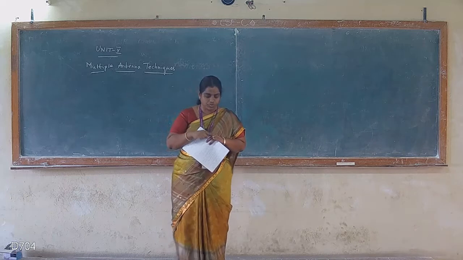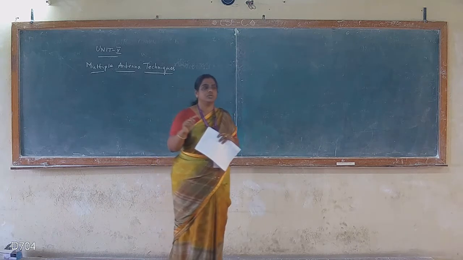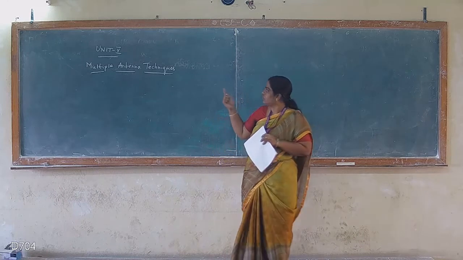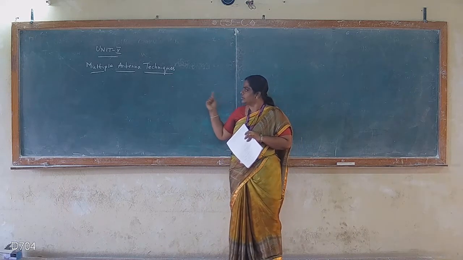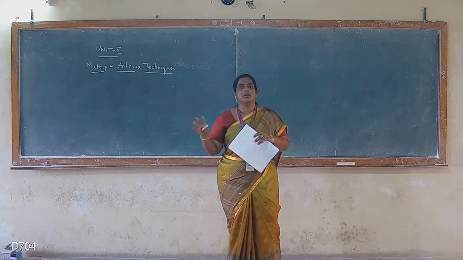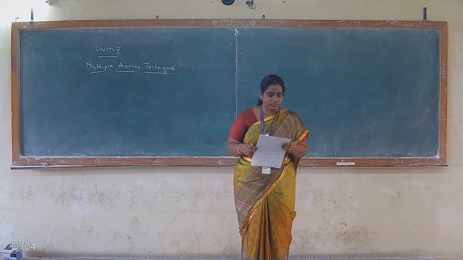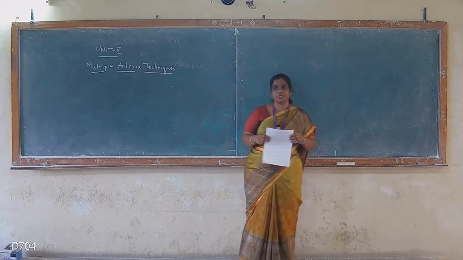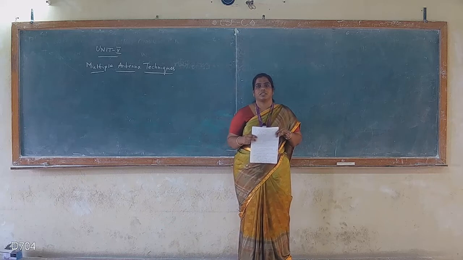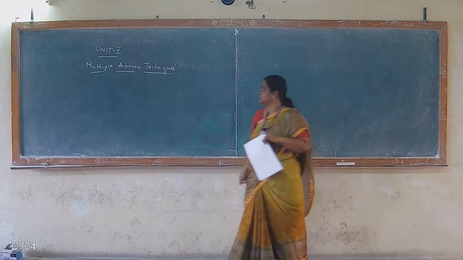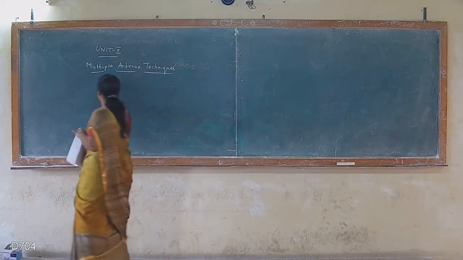First we'll see what topics are present in the fifth unit. The first to focus on is the MIMO system. What is meant by MIMO? Multiple input, multiple output system. That is the first concept in unit 5. What is the multiple input here and what is the multiple output?